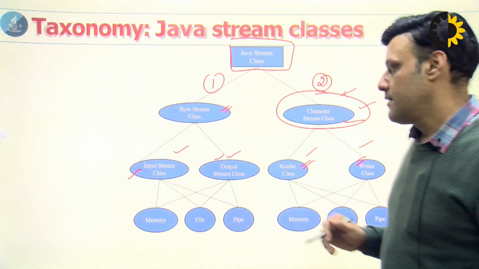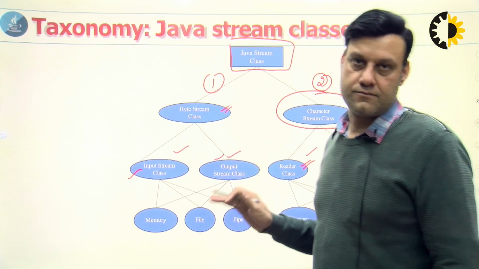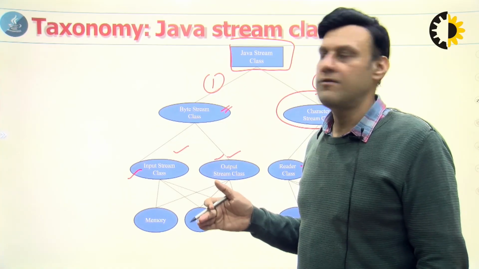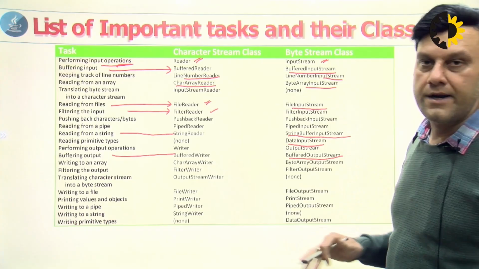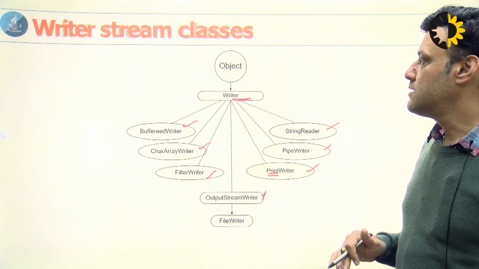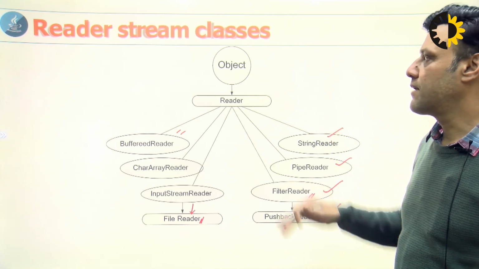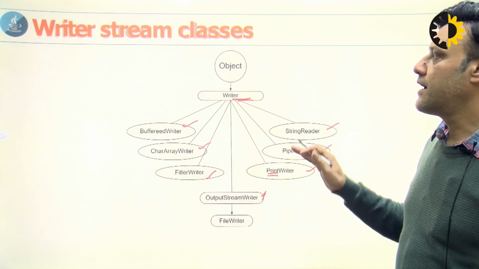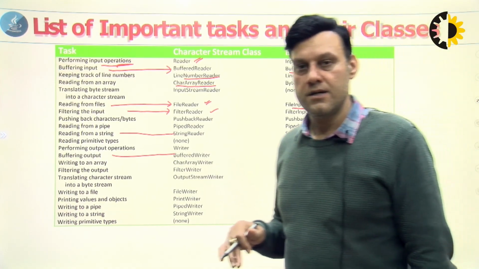From where we are inputting, from where we are outputting, accordingly we will use these classes. The reader and writer stream classes will have these subclasses, which we have already seen.